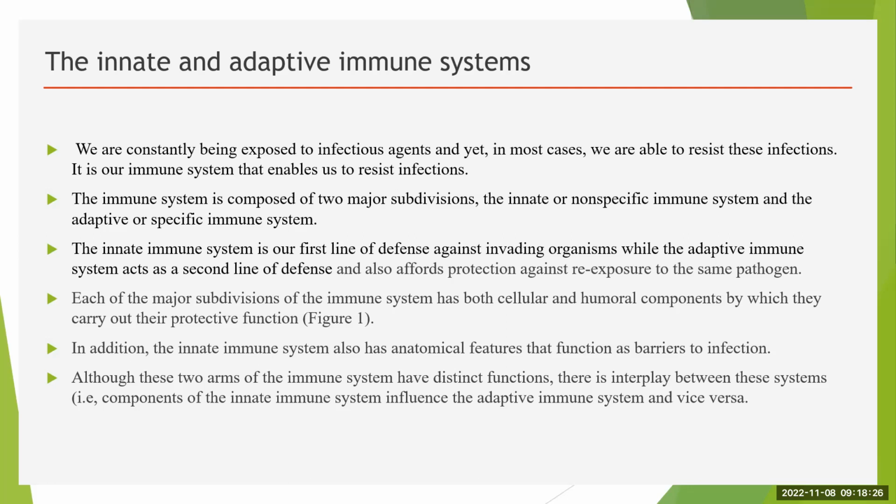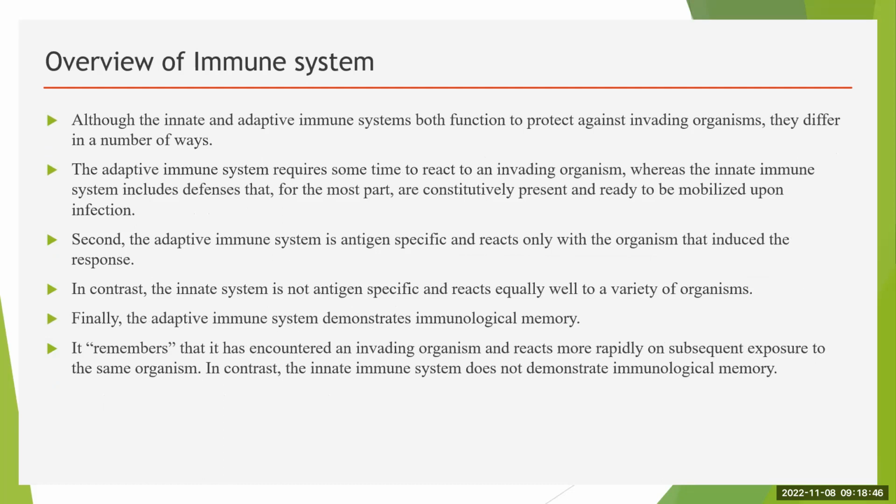Okay, so as much as these systems interact, these systems are quite distinct and have very distinct functions. The interplay between these two systems is very complex and is very coordinated within the immune system. And we will see how all this plays out.